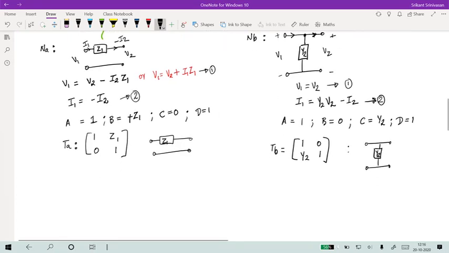Now, if I want to find the transmission matrix of the whole thing, then I would say that T is equal to TA into TB. And what's that going to be?